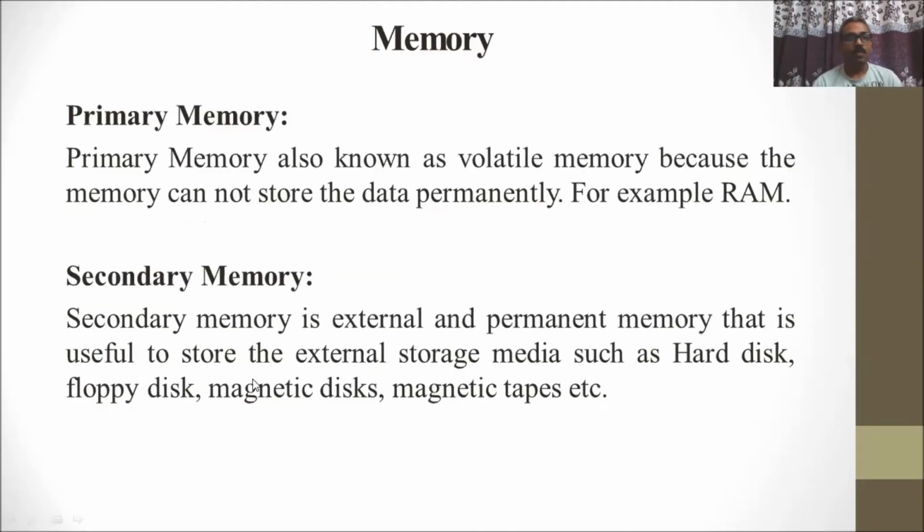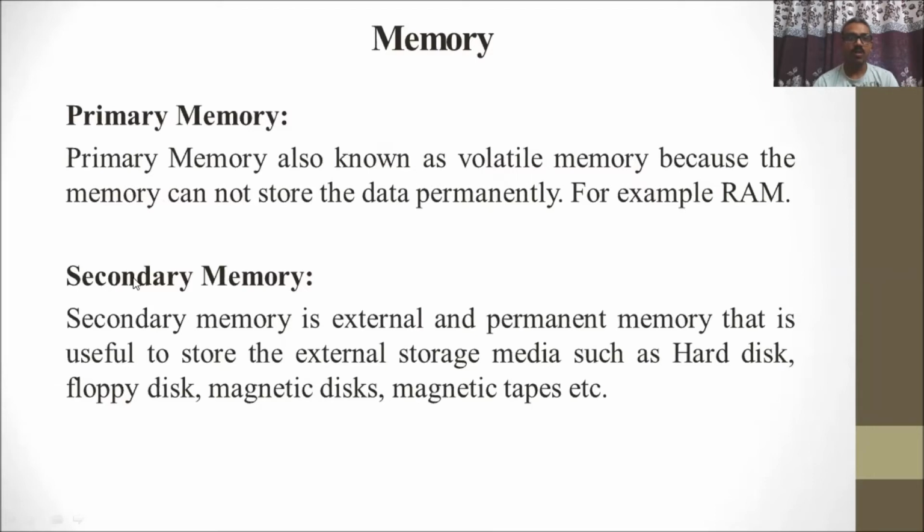Memory: primary memory and secondary memory. Primary memory is also known as volatile memory, because it cannot store the data permanently. For example, RAM. The RAM does not retain the data after the power is shut down or switched off. So it does not permanently save the content.